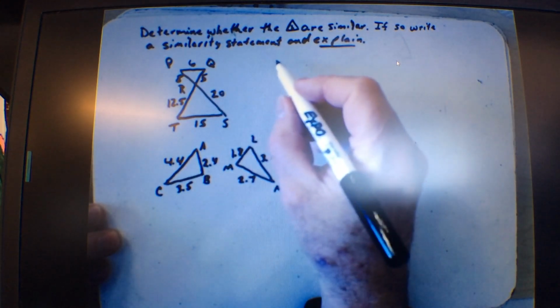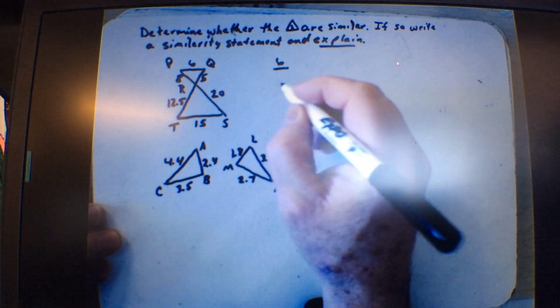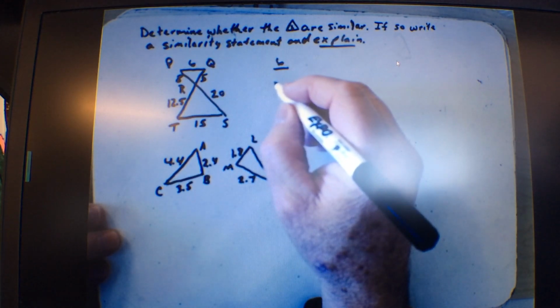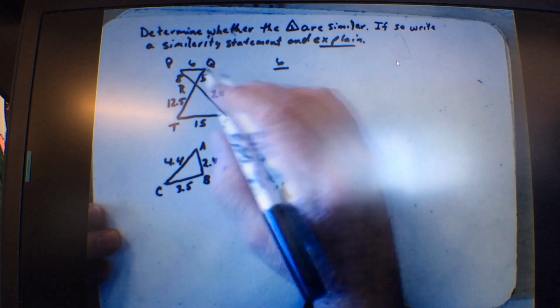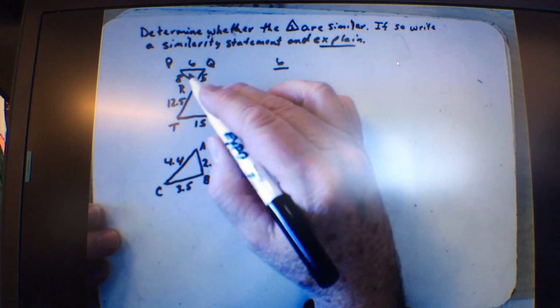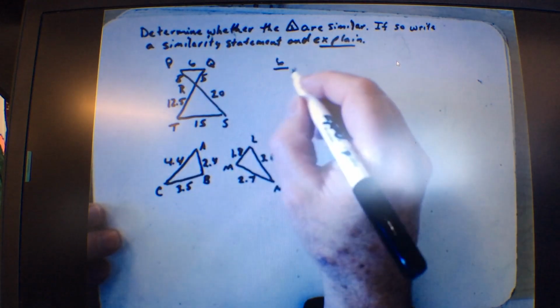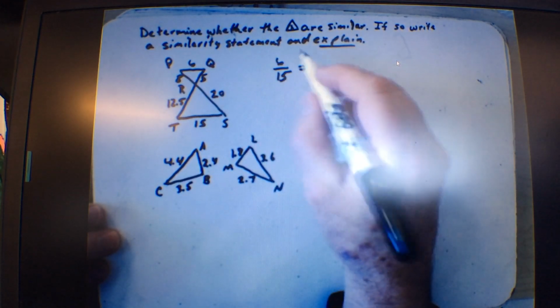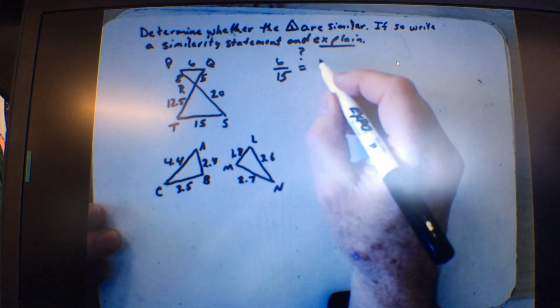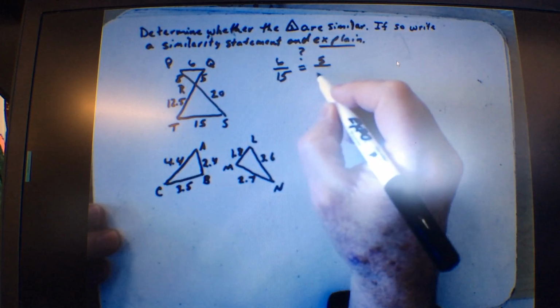We'll start with the 6. What side matches the 6? Where's the 6? Up here? Oh, sorry. Yeah, 15. What side matches the 5? 12.5.